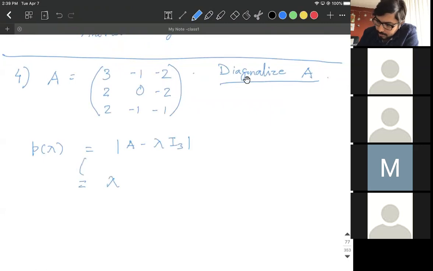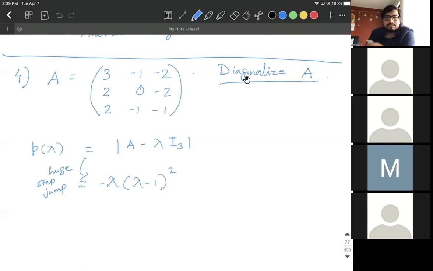There is a huge step jump, completely worked out in the lecture note. So the polynomial is given by this, or with a minus sign. And the eigenvalues are given by lambda 1 equals 0 and lambda 2 equals lambda 3 equals 1.